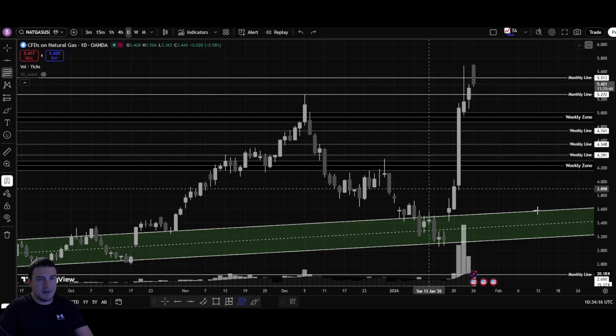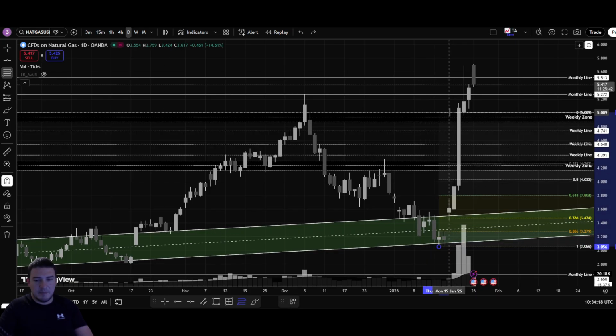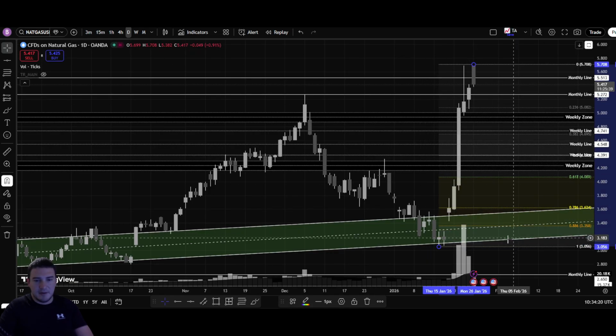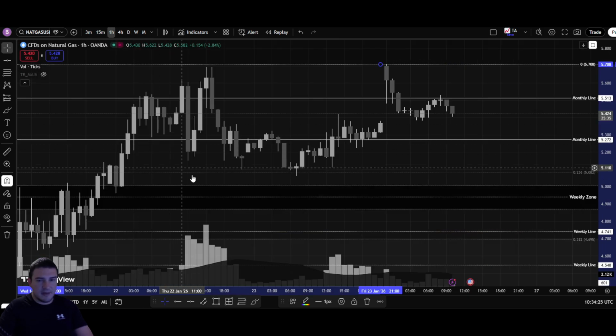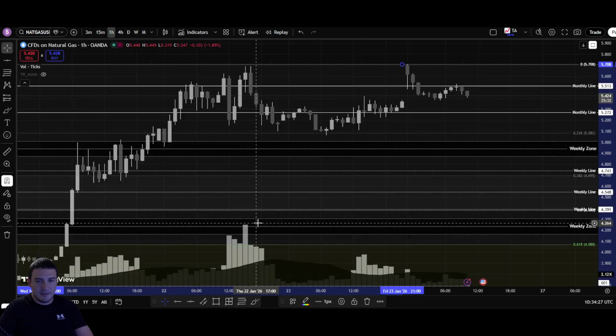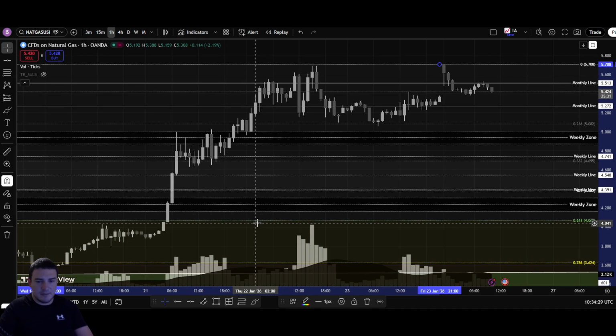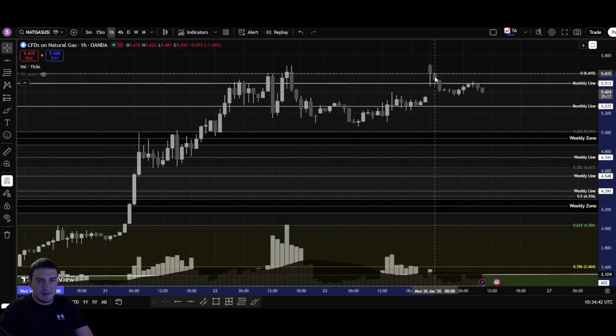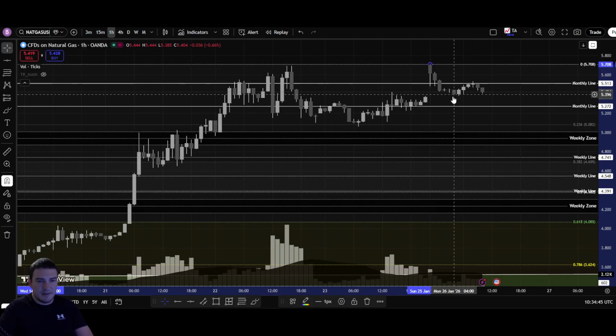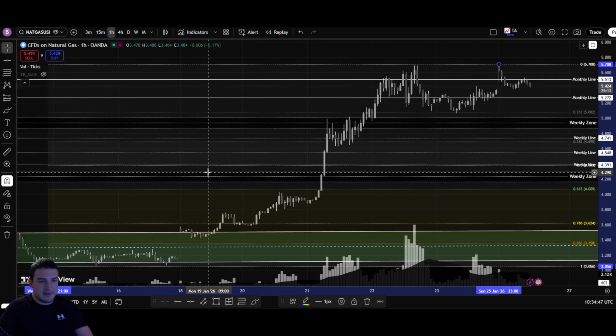So we'll do our Fibonacci drawing from bottom to top, and then we'll look at our hourly. Okay. Nothing really sticking out yet. We might get caught in between these two monthly lines here. We shall see.